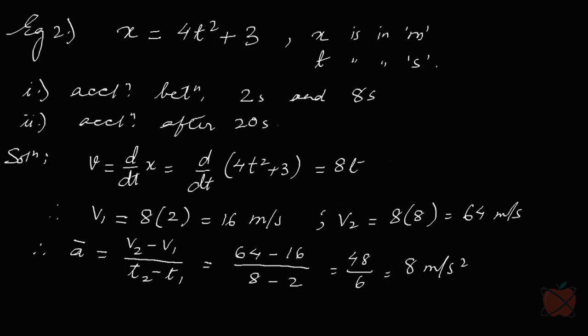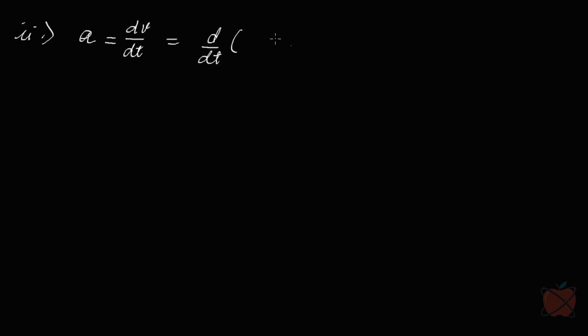Velocity is equal to 8t. So if you differentiate this, you will get 8. You can see here that now the acceleration is just 8. It is independent of time. You don't have the time anymore here. So whatever time you put, it will always be 8.